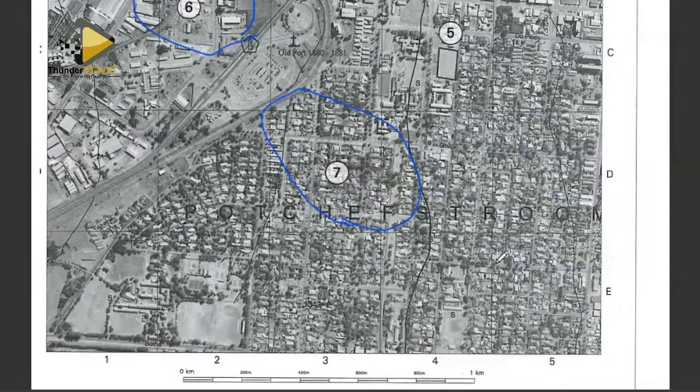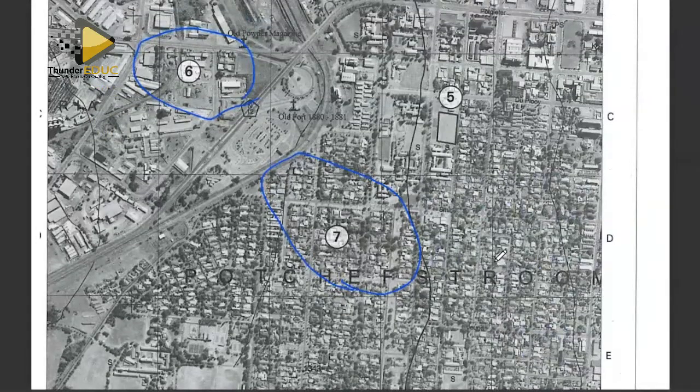Right, so what is the land use? The question is saying, identify land use zones. This land use zone here, we are seeing that this is a built up area. So this is residential. That's the land use zone. And if you check this area, it looks like an industrial area. So the land use zone here is industrial.